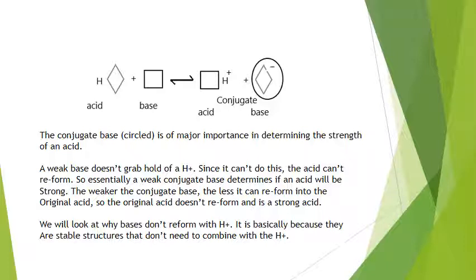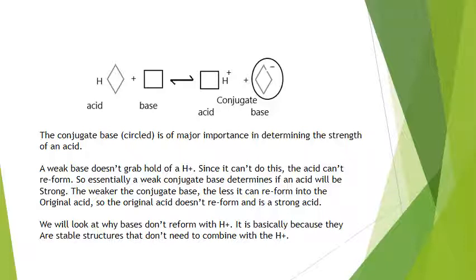So a strong acid always produces a weak conjugate base, and that's because the weak base doesn't turn back into the acid. It doesn't have the ability to do that. Since it can't, the acid can't reform. So essentially, a weak conjugate base determines if an acid will be strong or weak.